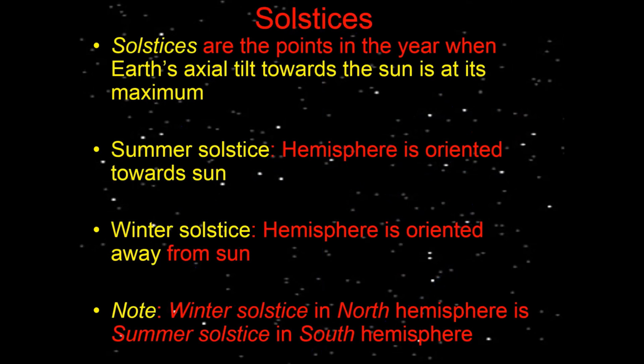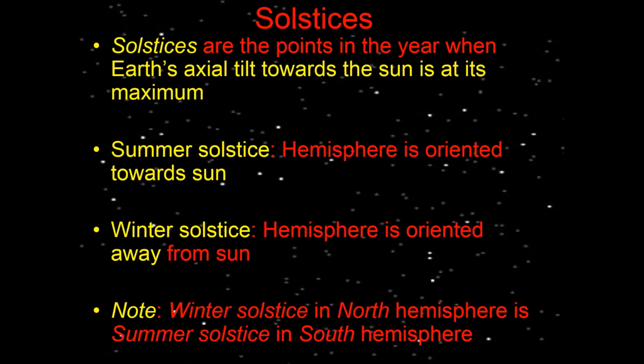So the solstices are the points in a year when the Earth's axial tilt towards the sun is at its maximum. A summer solstice means that the hemisphere you're in is oriented towards the sun. In the winter, the hemisphere you're in is pointed away from the sun. Now, it should be noted here that the solstices are flipped from hemisphere to hemisphere.